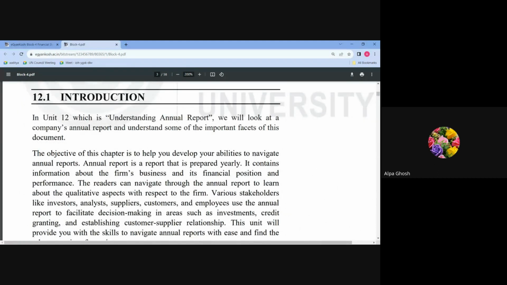So now, if we start with understanding the annual report, the first thing is that annual report is nothing but a document which contains some important areas.